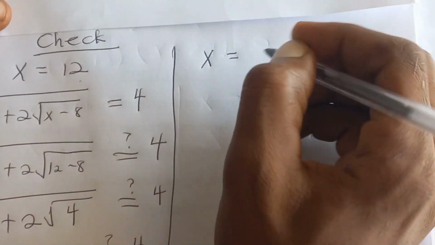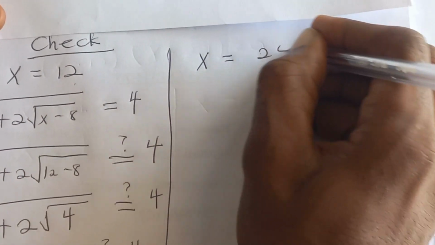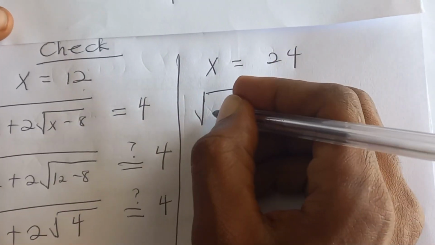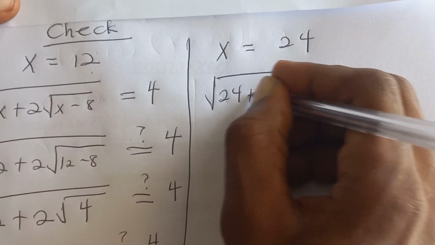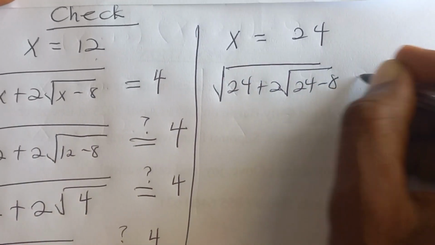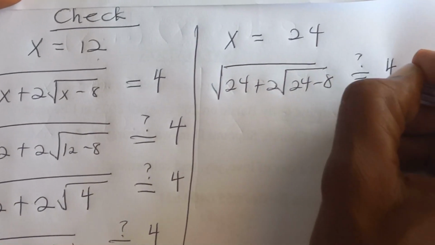Now let's check for x is equal to 24. So we are having root of 24 plus 2 root 24 minus 8, and this will be equal to 4.